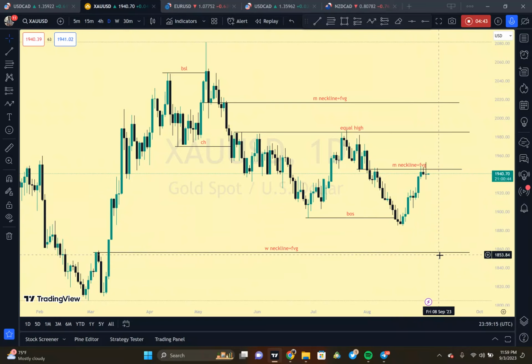That is when our lower time frame price action comes in. So this is where we'll go into our intraday time frames, that is our hourly time frame, our 30 minutes time frame, our 4 hourly or 15 minutes time frame, to look at the precise areas price can actually turn and start going to the downside.